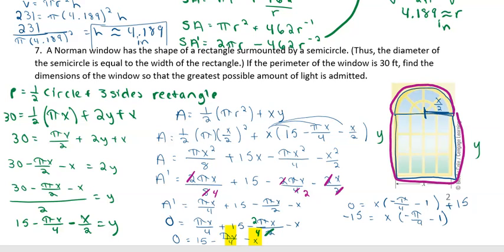So now we need to divide it. So that's going to look like negative 15 divided by negative pi over 4 minus 1 is equal to x. Remember, we're trying to solve for x. So now we have this whole big mess and we need to type that all in and see if we can solve it down for x.